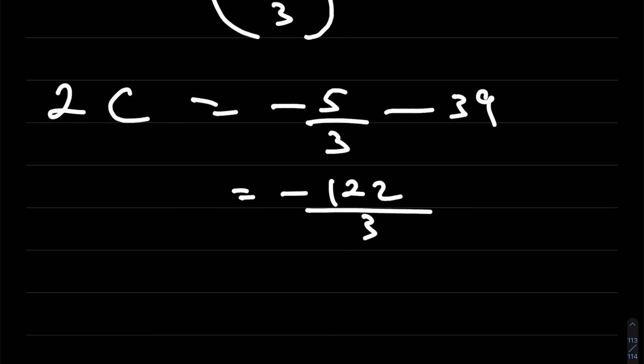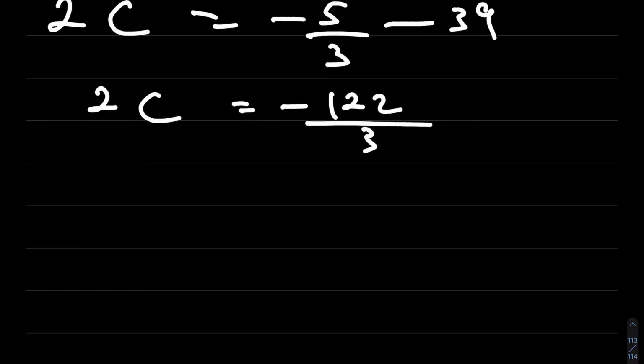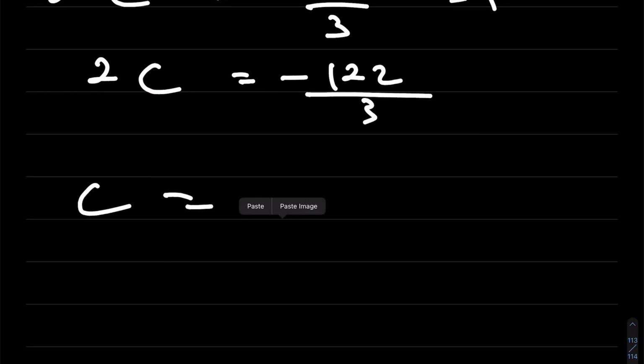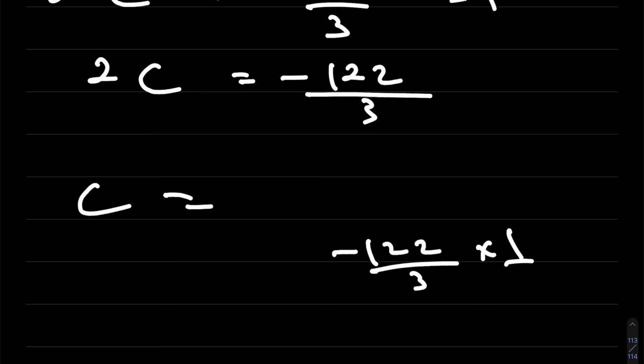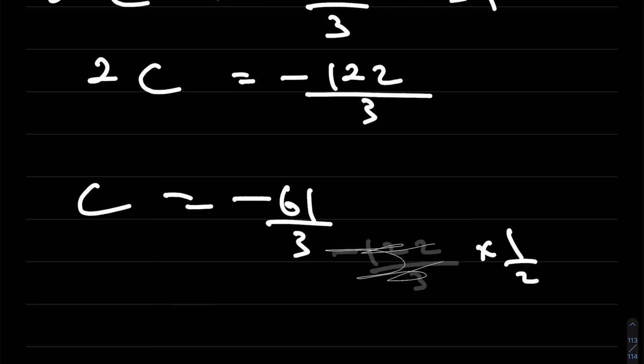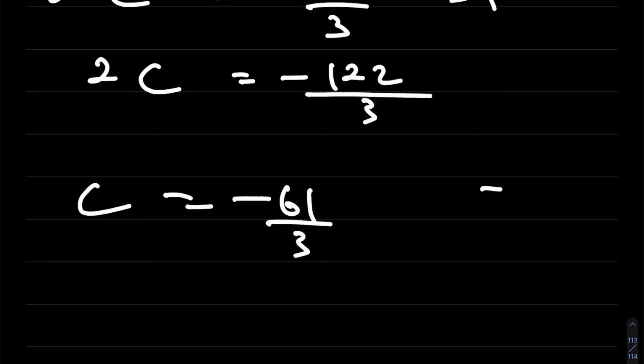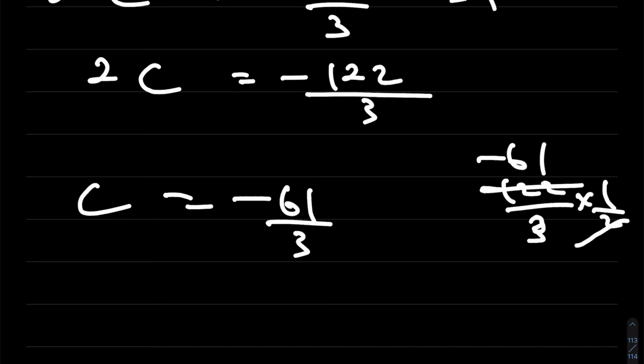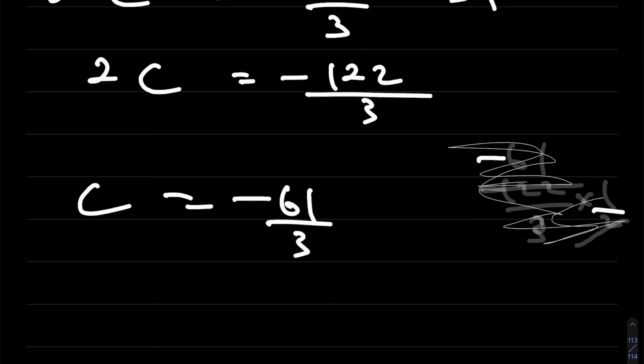So if 2c is minus 122 over 3, that simply means c is minus 122 over 3 times 1 over 2, and that's minus 61 over 3. Let me check that again. Minus 122 over 3 divided by 2 means times 1 over 2, so minus 61. Yeah, that's correct. So the answer is minus 61 over 3.